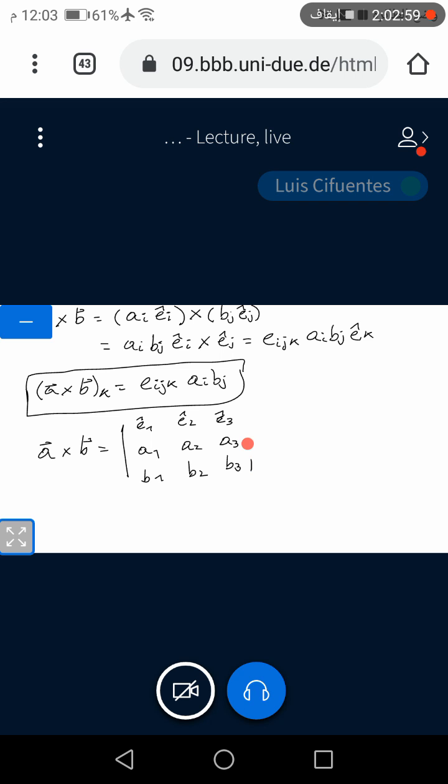This is just a review of this index notation that we will use for solving the exercises.